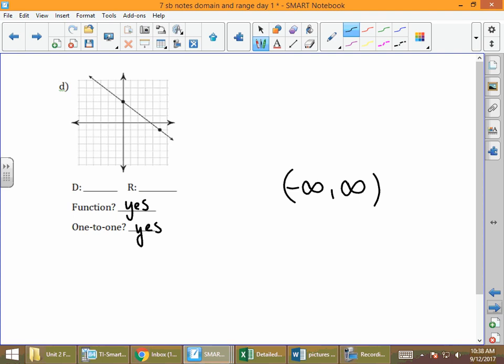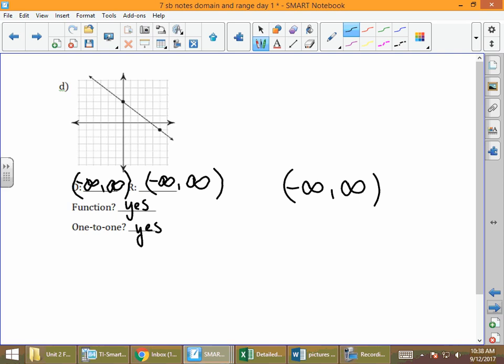What's the domain of any line with a slant? Well, the domain of any line with a slant is negative infinity to infinity. And what's the range with any line and a slant? It also is negative infinity to infinity.